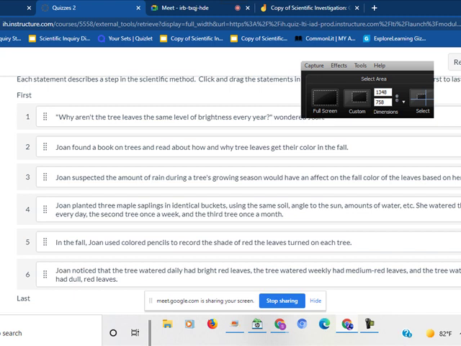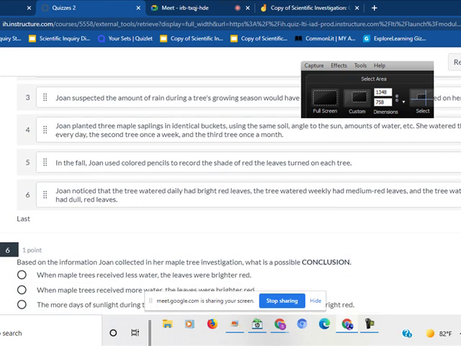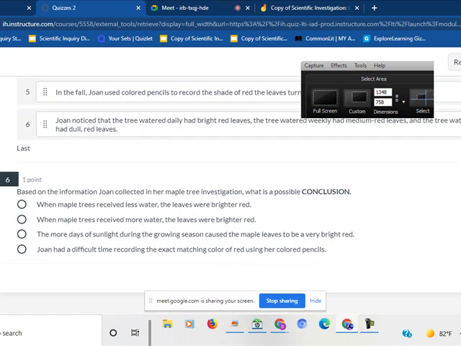The tree watered weekly had medium red leaves, and the tree watered monthly had dull red leaves. So the more water it got, the healthier the tree was, and the brighter the leaves were. And the less water it got, the darker the leaves were, and the less healthy it was.